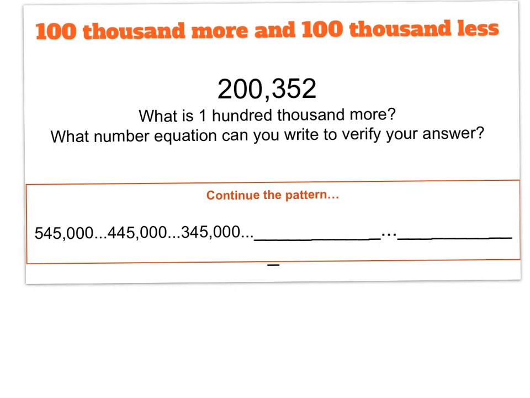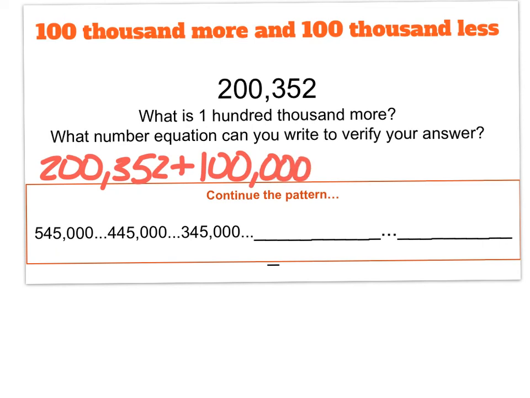So we started with the number 200,352 plus 100,000. We were asked to add 100,000 more. So when I look at this, 100,000 plus 200,000 is 300,000, but I still have this 352 in the number. So the only thing being changed is the 100,000s place.